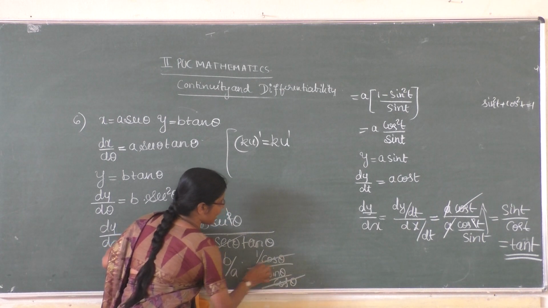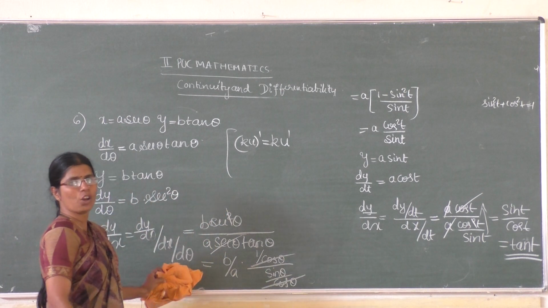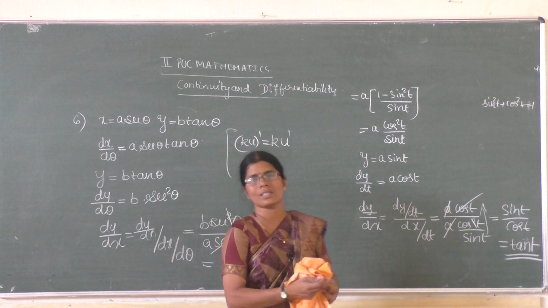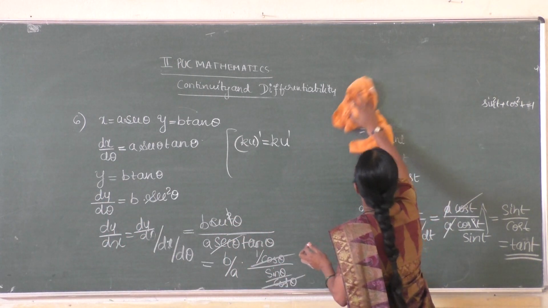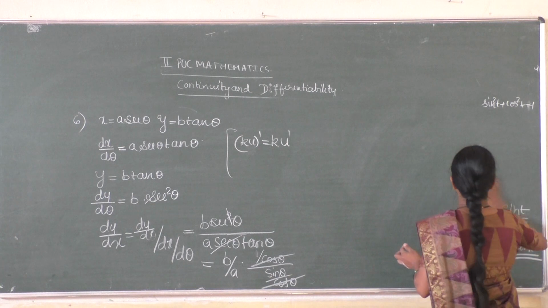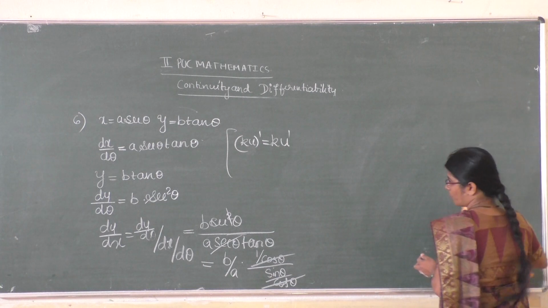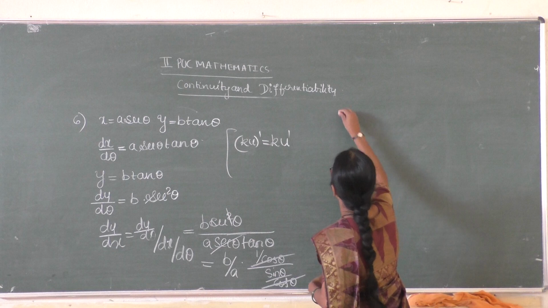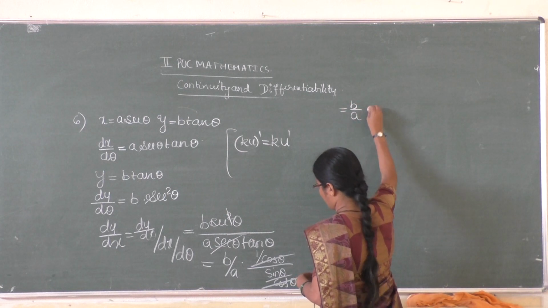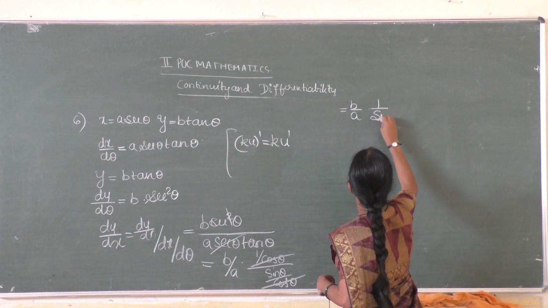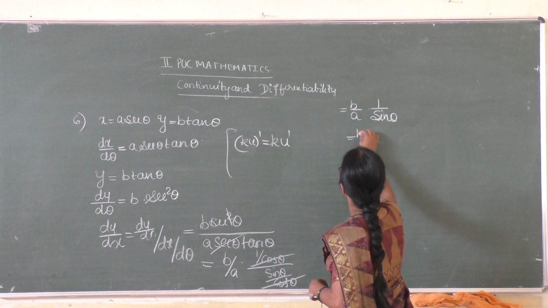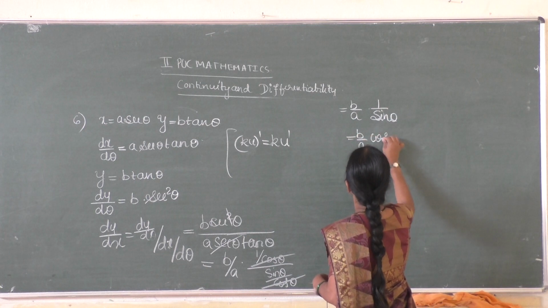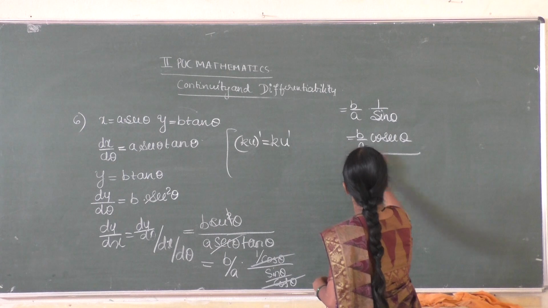So cos theta and cos theta both are in the denominator. So cos theta and cos theta cancels. So what we get? b by a into 1 by sin theta. That is b by a into cosecant theta.